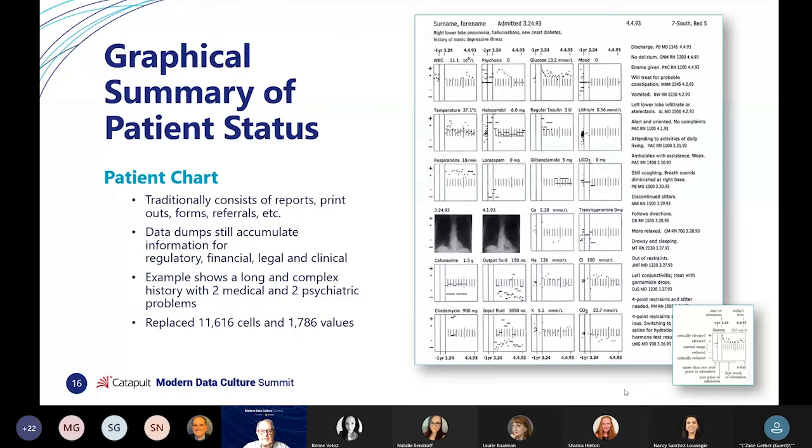One of the great things is it aggregated all of the things that I'm old enough to remember: a clipboard hanging on the bottom of a patient's bed with a sheaf of papers containing printouts, reports, all of that stuff that a doctor had to skim through. So this was a pretty successful attempt back then of producing an assimilated single view of a lot of data in one place, but still in a very readable and very minimalist form.